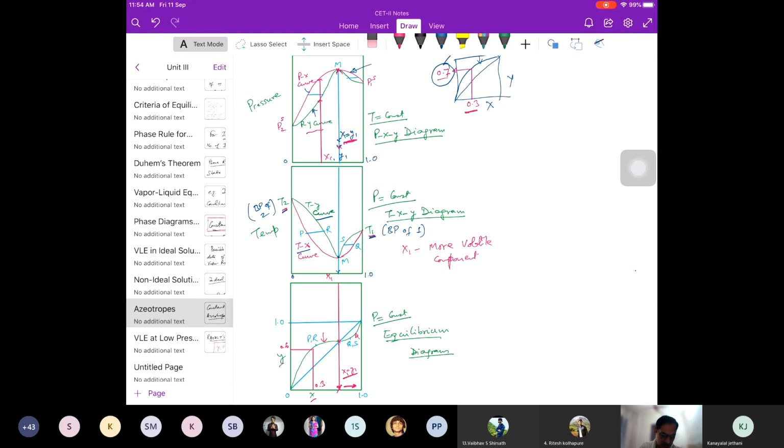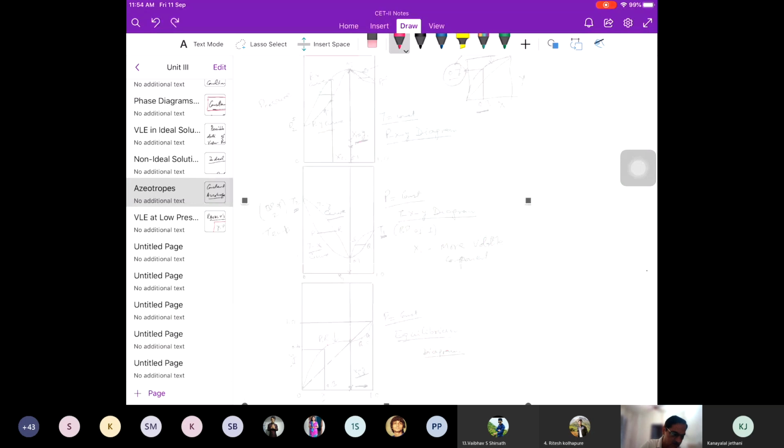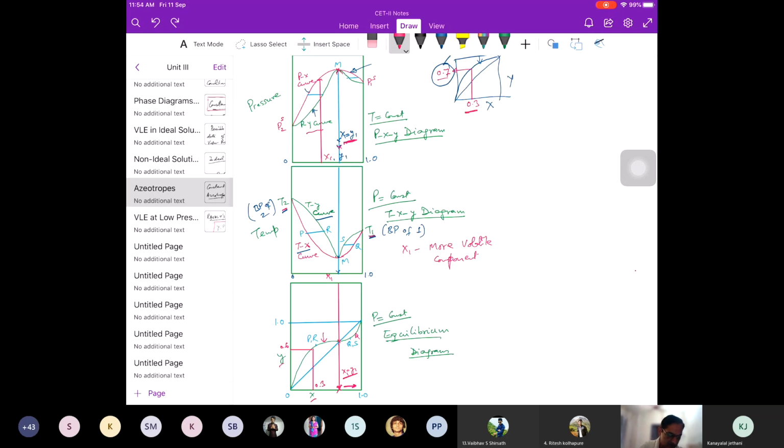Again, the curve will be inverted because pressure and temperature are opposite: when pressure increases, temperature decreases. So in this case, the intersection will be here, which is again x equal to y, and the temperature is less than T1 and less than T2.